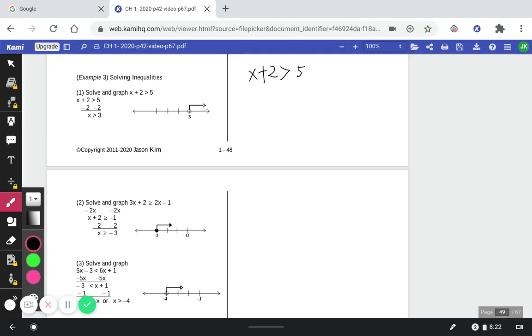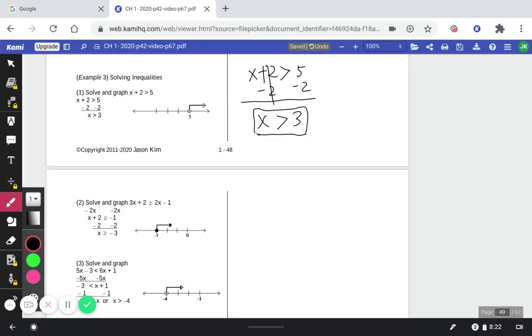Solve means x alone on the left side of this symbol and everything else on the right side of this symbol. So you do the inverse operation like you did on an equation. So x is bigger than 5 minus 2, which is 3.